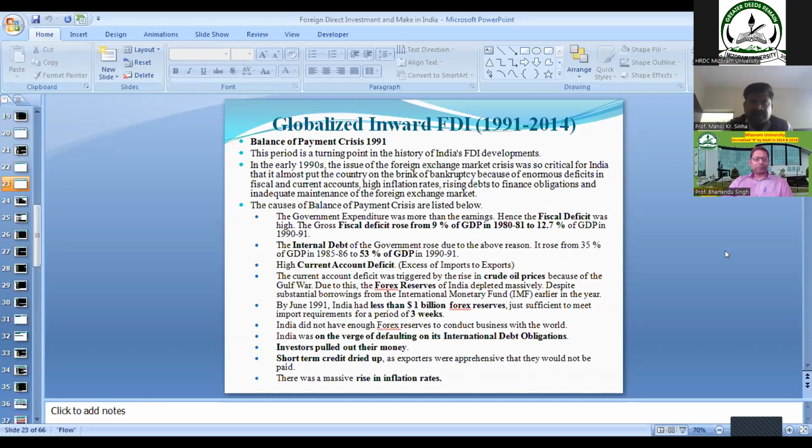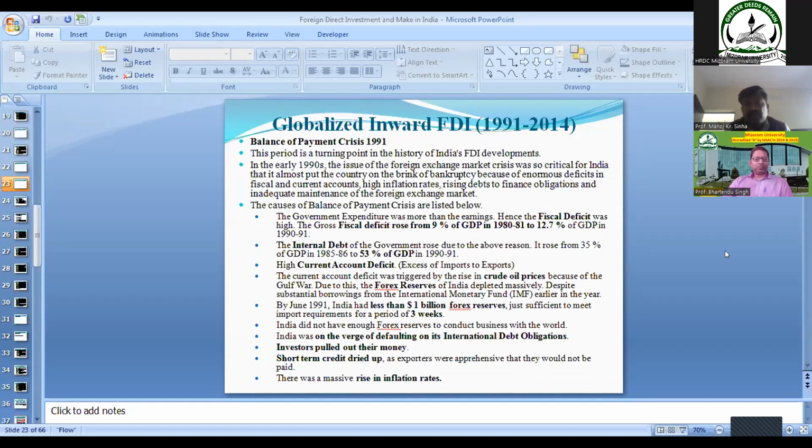But a balance of payment crisis arose in 1991. Because of this crisis, we can see government expenditure was more than earning during this period. So fiscal deficit increased from 9% of GDP in 1980-81 to 12.7% of GDP in 1991.